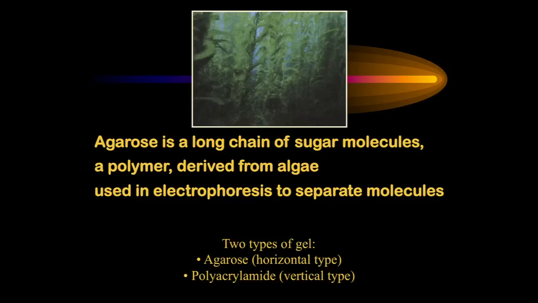So that's the matrix. I should say that agarose is a long chain of sugar molecules, and as a polymer, it's usually derived from algae and used in this type of horizontal electrophoresis unit.